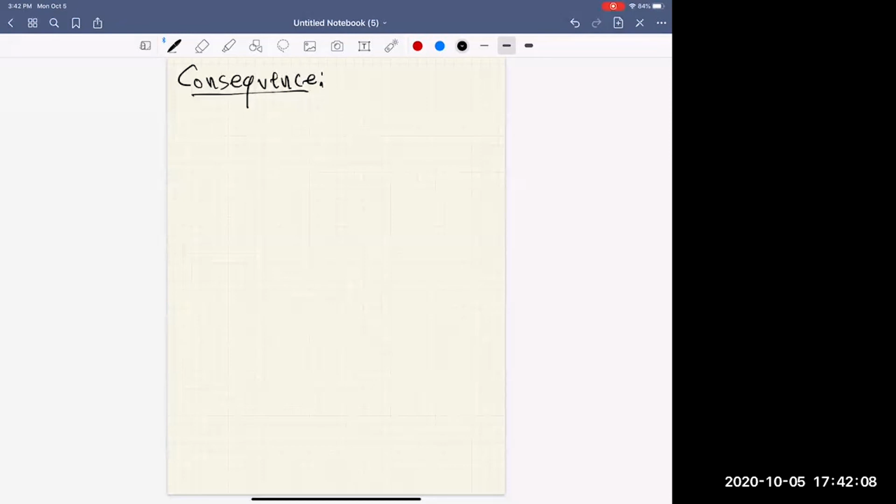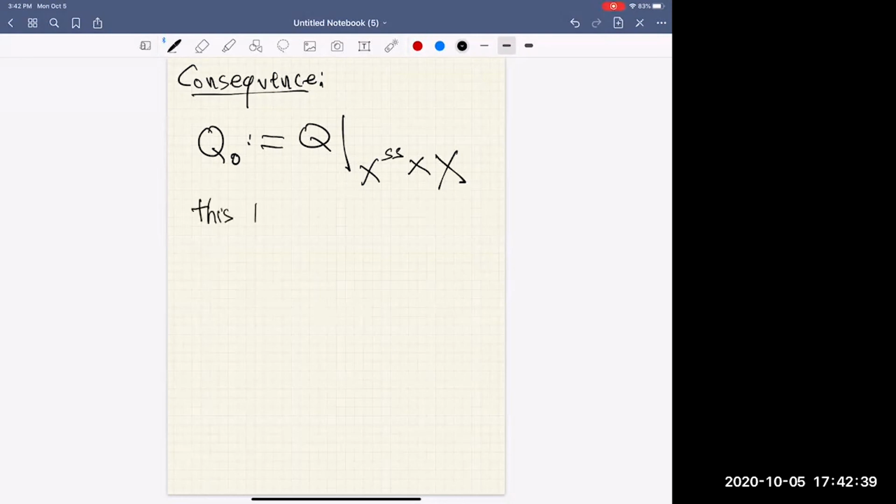So consequence. So first consider, I'm going to let Q naught be Q restricted to the fiber product of Q over X semi-stable cross X. And I'll say this has a G by G action, in fact.